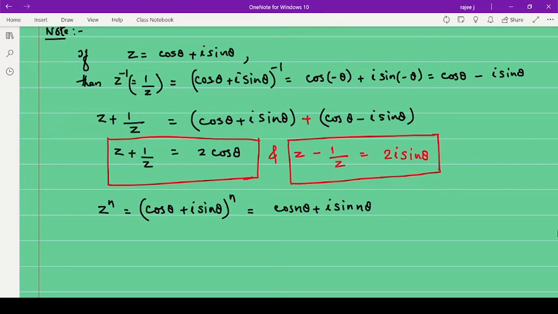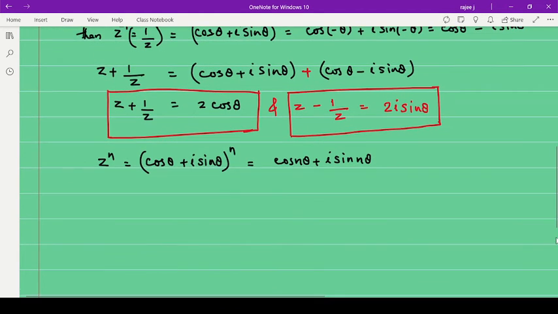We are multiplying n with the angle. Again, if I write z raised to minus n, you will get cos n theta minus i sin n theta. This is the generalized form of z plus 1 by z.